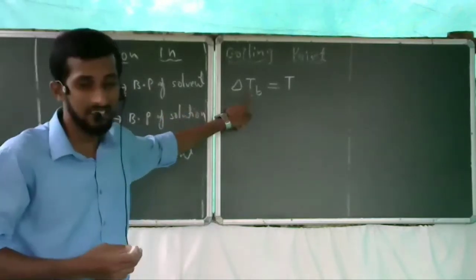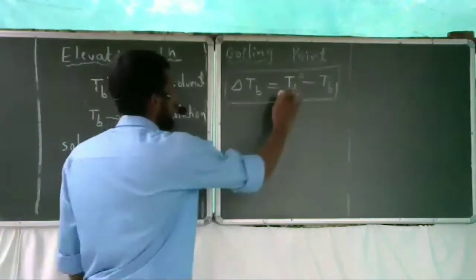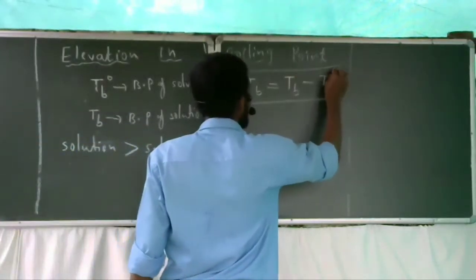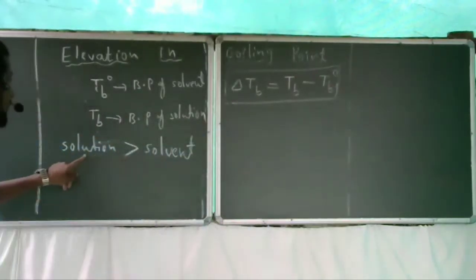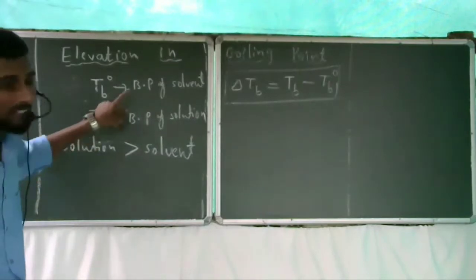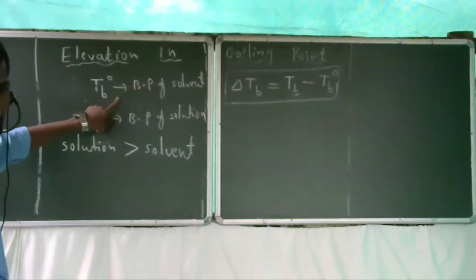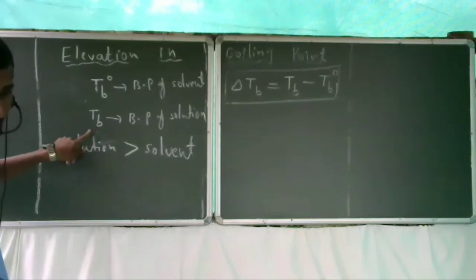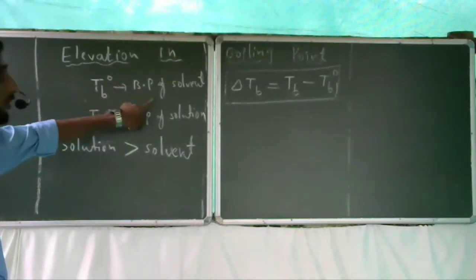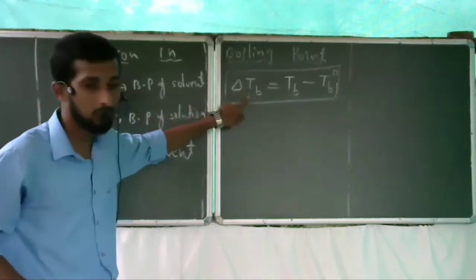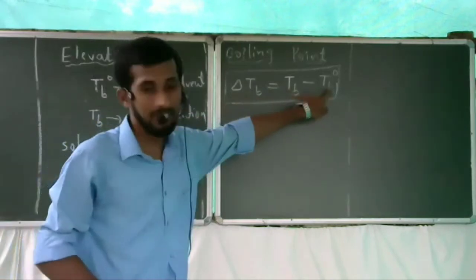While taking delta TB, you have to take TB minus TB naught, because the boiling point of the solution is more than that of the solvent. Solution boiling point TB is more than that of the solvent. Delta TB equals TB minus TB naught.